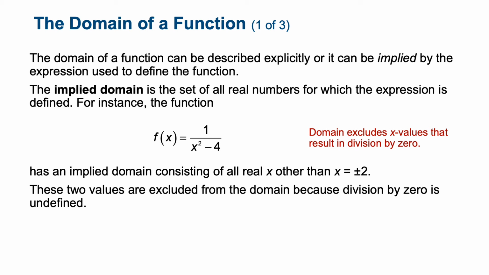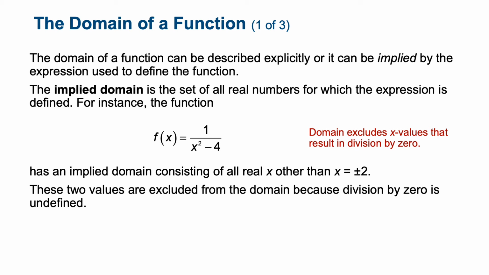Let's say, for instance, you have f of x equals 1 over x squared minus 4. The domain gets restricted by values that result in dividing by 0. Here, x could be anything it wants, except we never want to divide by 0.